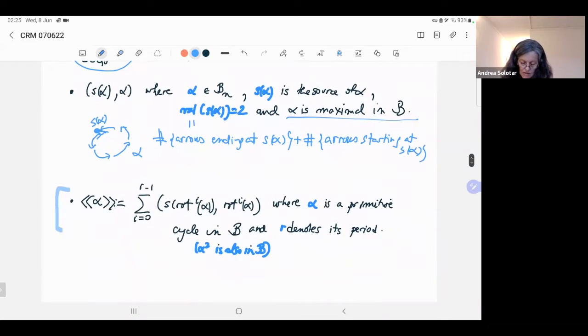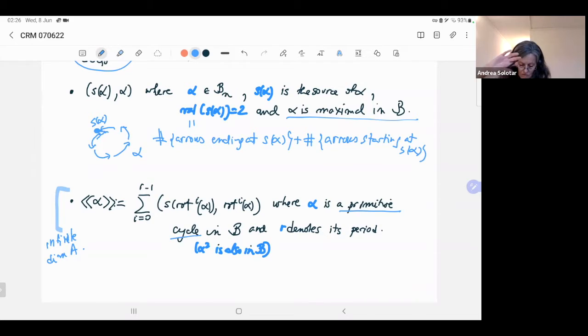And then we have another kind of element which appears only in the infinite dimensional case for A. Here we are going to consider alpha, where alpha is a primitive cycle, meaning that it's not a power of a shorter cycle.